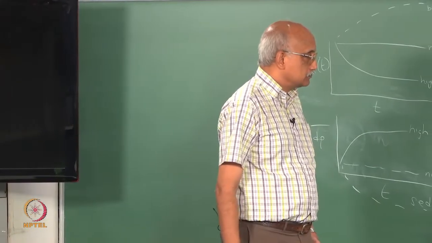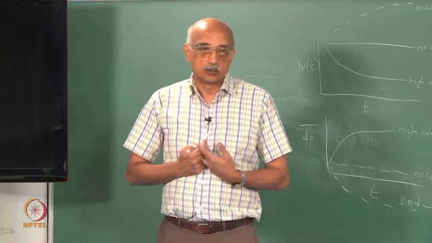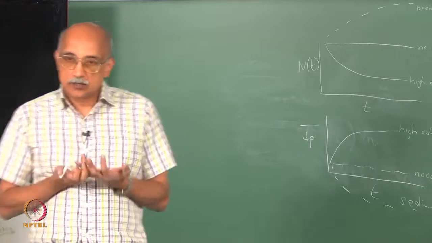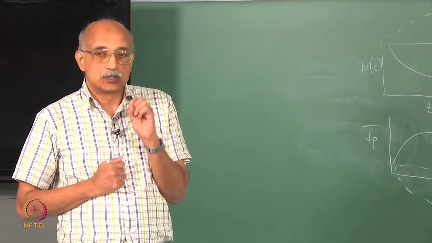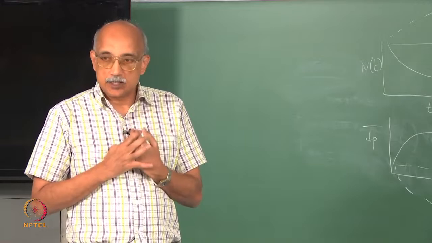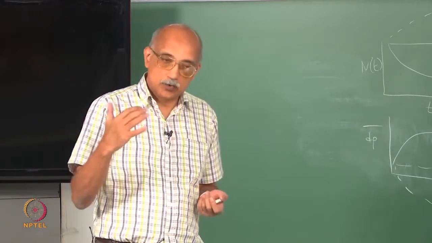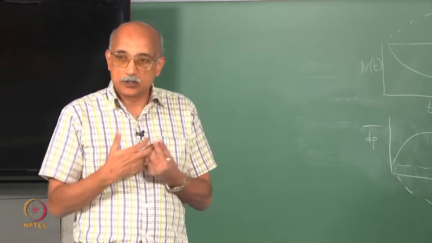So, if you are trying to maximize cohesion, what do you do? You maximize the interfacial area. And how do you do that? By making the particles extremely smooth, so that the contact area is maximized. As we discussed earlier, roughness has an influence on not only particle to surface adhesion, but also particle to particle adhesion.